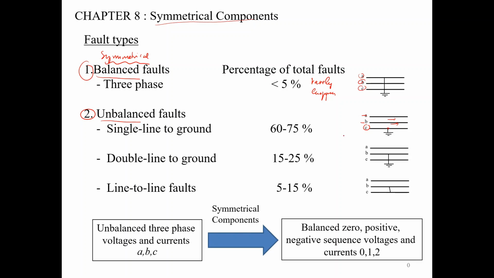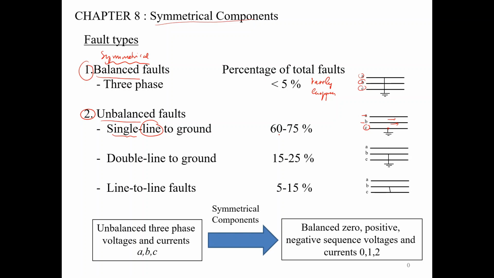The fault just happened to phase C only, that's why we call it single, just one line short circuit to the ground. The statistics of this kind of fault is about 60 to 75% of the total number of occurrences. So mostly the type of fault that happens to the power system is single line to ground.